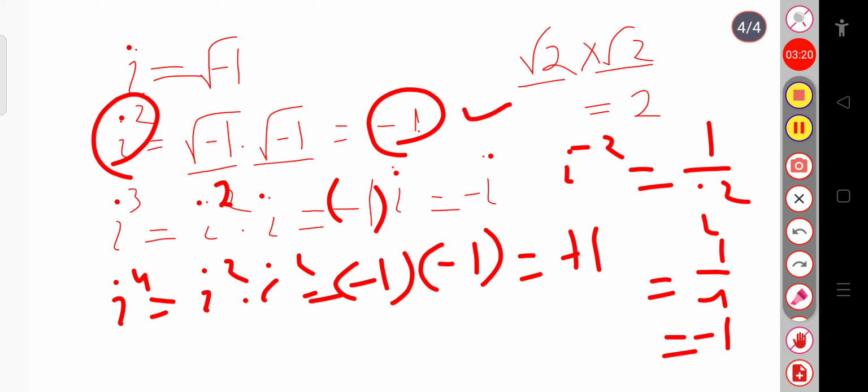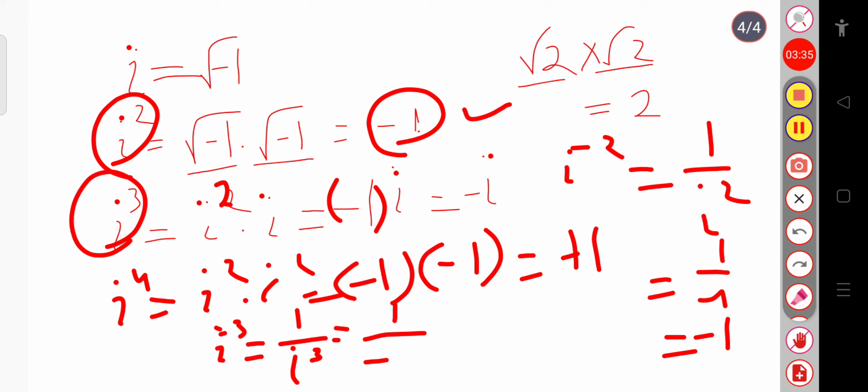Okay. If it is given i power minus 3, you know i cube equal to minus i, so i power minus 3 equal to 1 by i cube, which is 1 by minus i. You simply multiply i in the denominator and numerator, so this will be i divided by minus i into i.